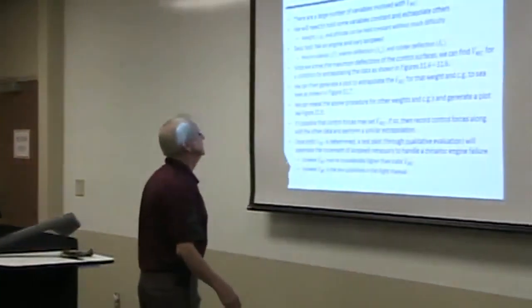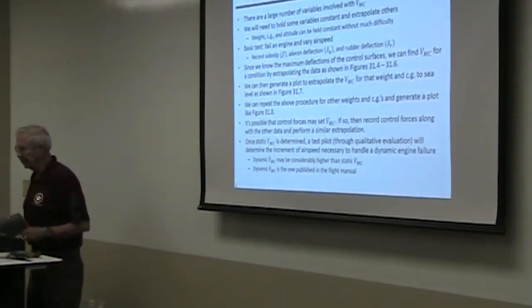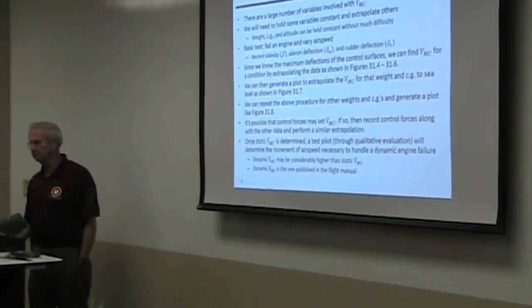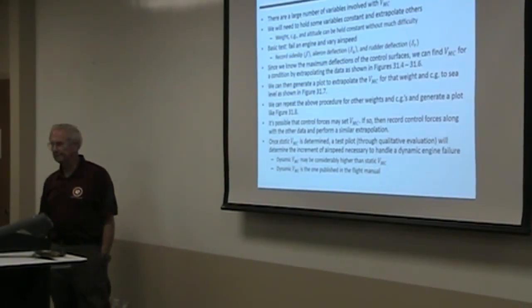So, anyway, then the FAA came out with a notice that said, hey, watch out here. You need to make sure that the lightweight VMC is actually provided rather than the gross weight.